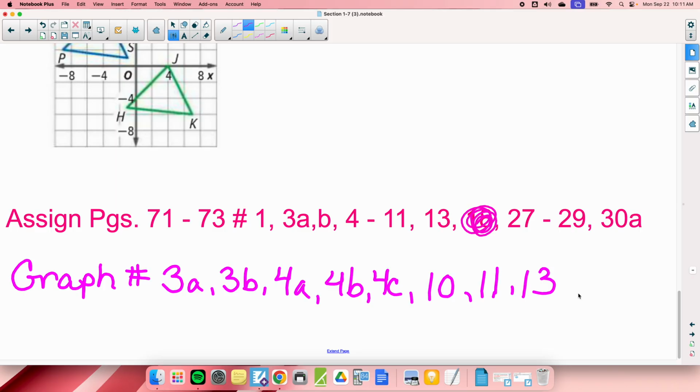These are the ones that have to be graphed, okay? When you're done, you should have 1, 2, 3, 4, 5, 6, 7, 8 things graphed. I'm gonna give you one sheet of paper. If you don't have all 8 things graphed when you're done, that means you did something wrong.